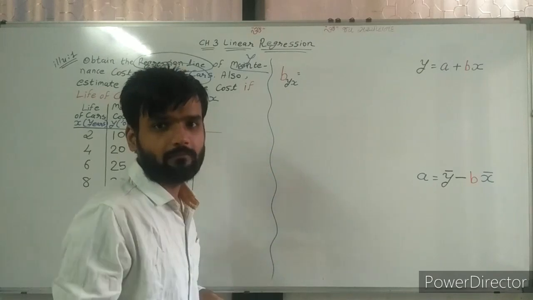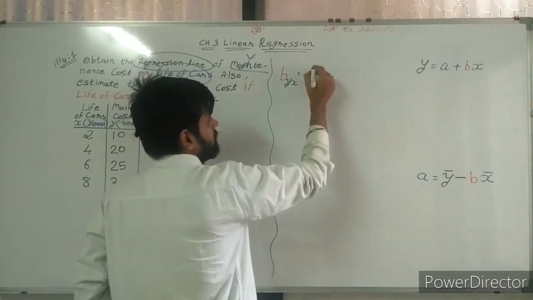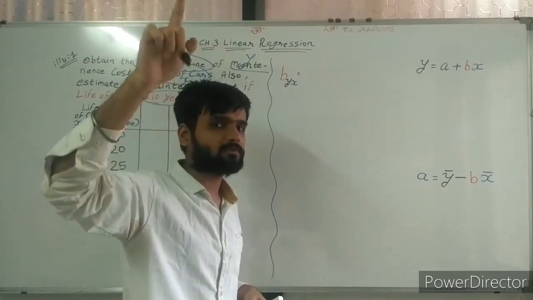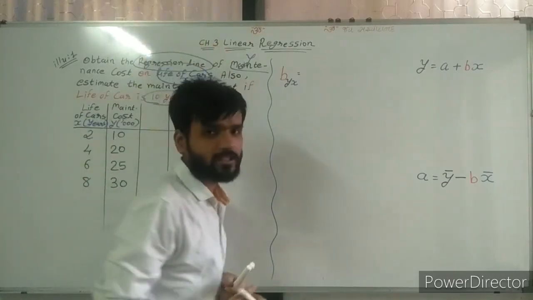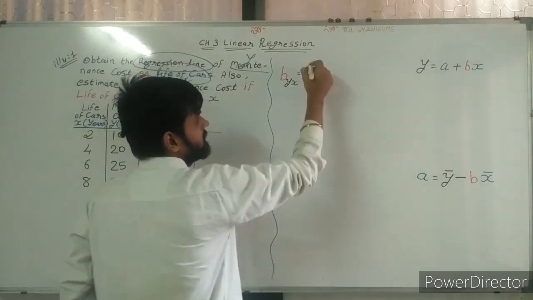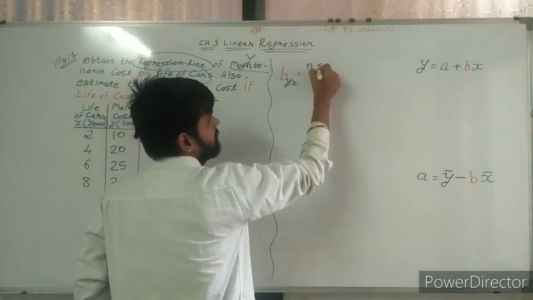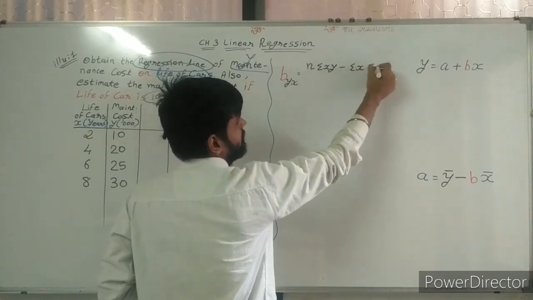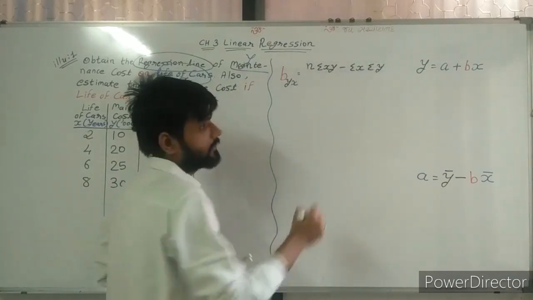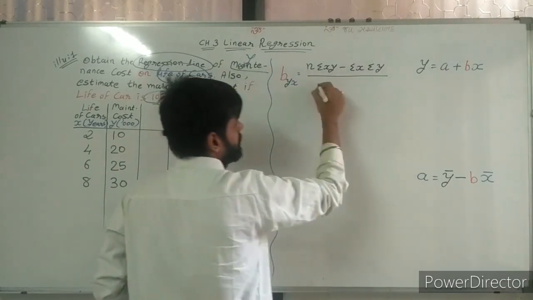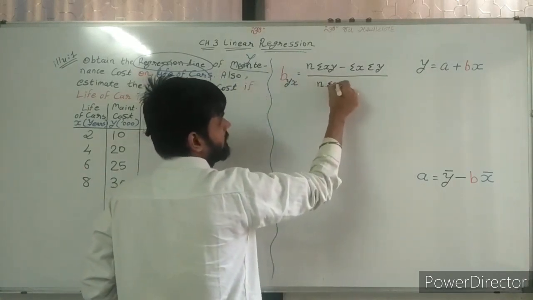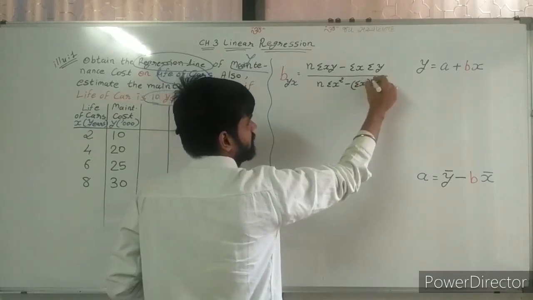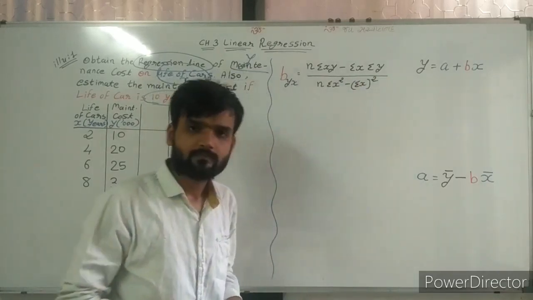On that basis I am making the formula here. Second formula, sorry. First formula is sigma x minus x bar, y minus y bar. But here I am using the second formula: n sigma xy minus sigma x sigma y, divided by n sigma x square minus sigma x whole square.